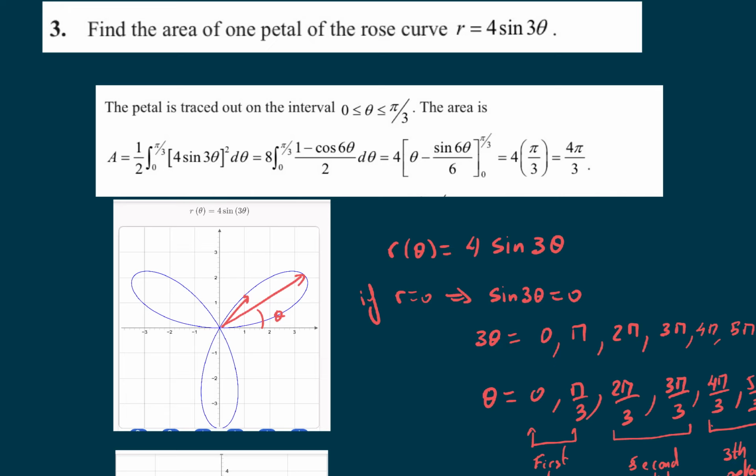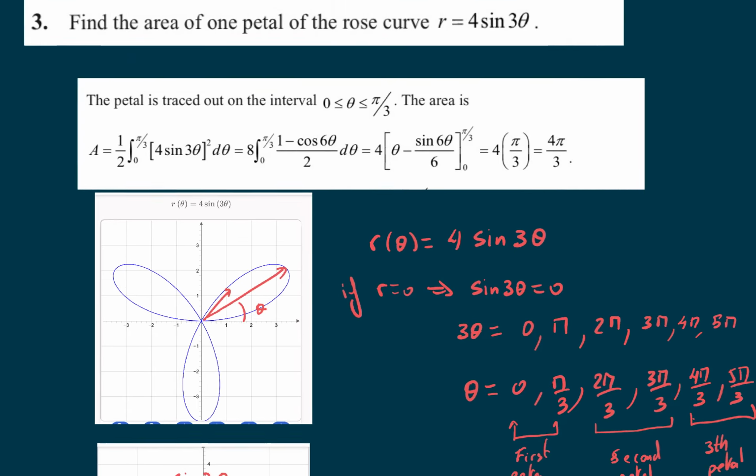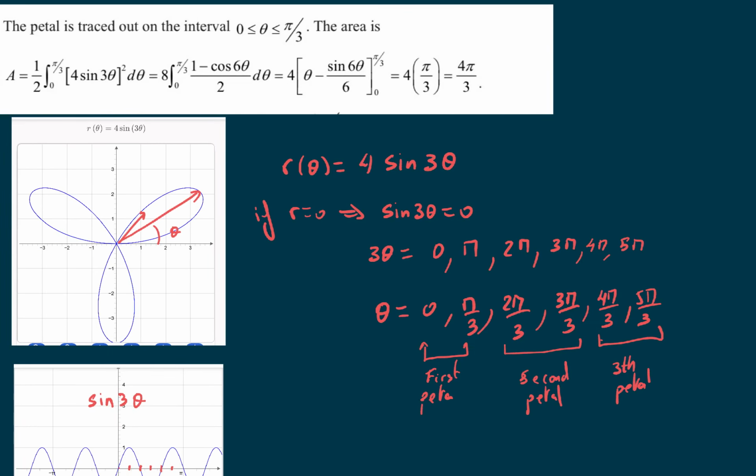So the one that we have to find is the first, for the first petal. So if 3 theta is 0, theta is 0. If 3 theta is pi, theta is pi divided by 3. If 3 theta is 2 pi, theta is 2 pi divided by 3. So between 0 and pi divided by 3 occurs the first petal.